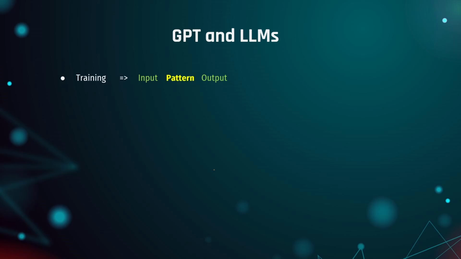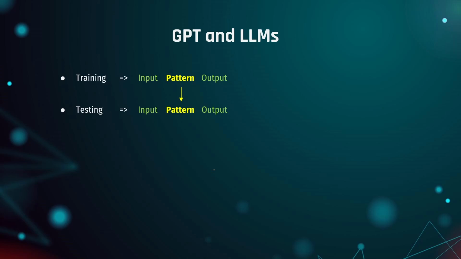And when our model is in the testing phase, in production, it uses the same pattern it learned during the training phase, and based on any given input, it applies the pattern on that input to figure out what the output will be, right?